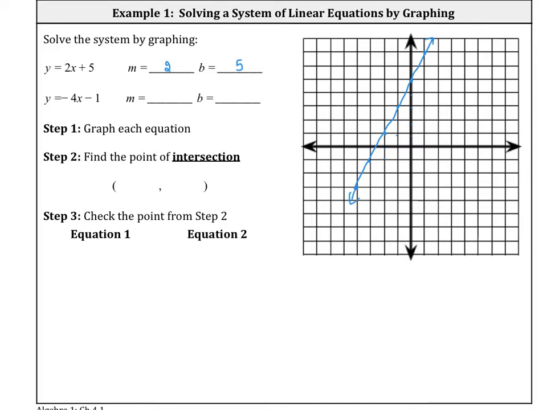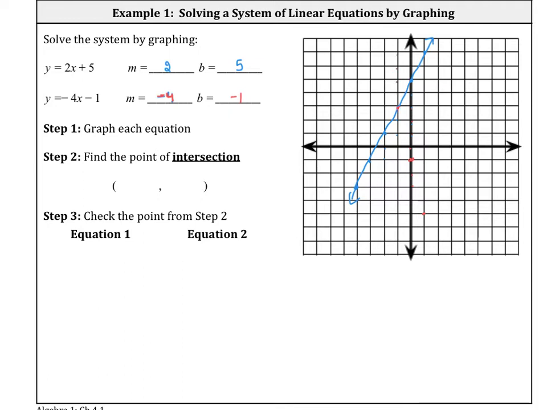Now the second equation is y equals negative 4x minus 1, where negative 4 is the slope and the y-intercept is negative 1. I'm going to use red color so that I can differentiate between the two lines. Starting from negative 1 here, you go down 4 over 1 and up 4 over 1 on the negative side.